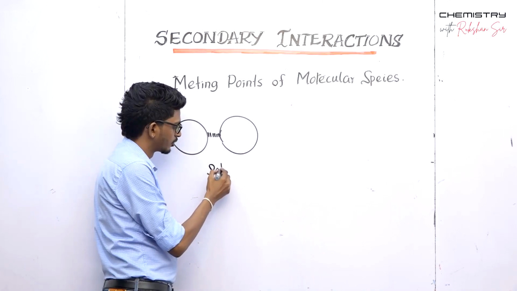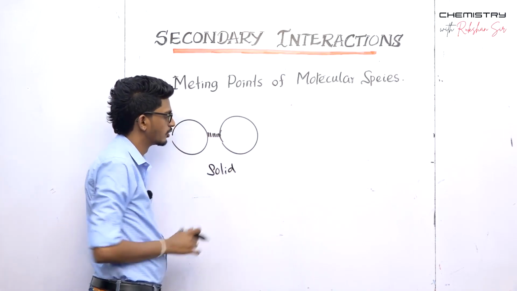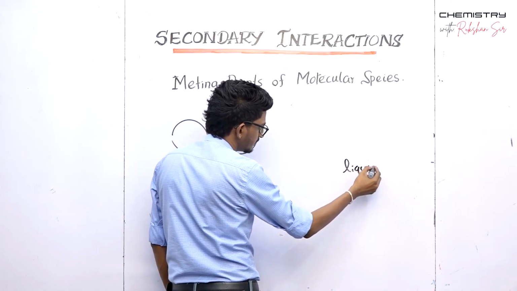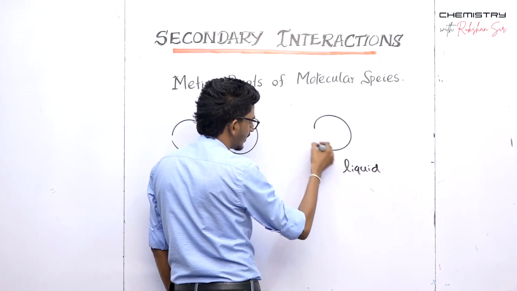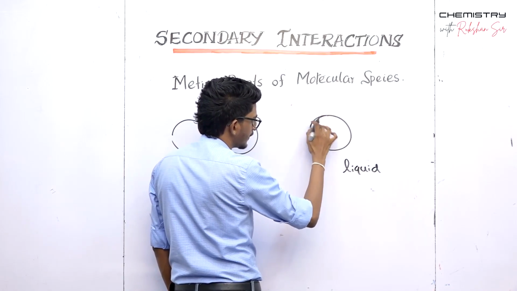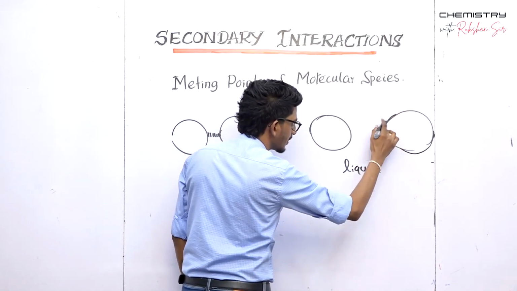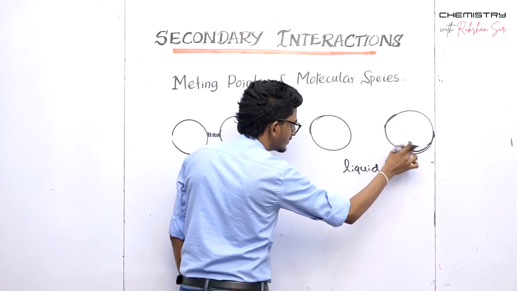This is the nature of a solid. The particles are very closely packed. When it comes to a liquid, the particles are a bit away from each other, compared to a solid.